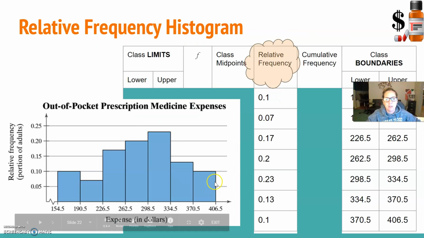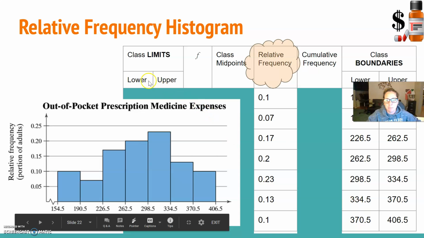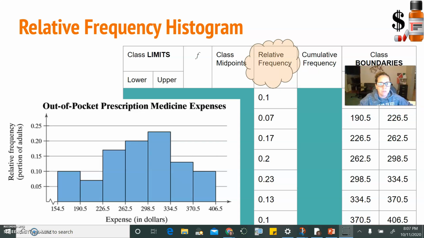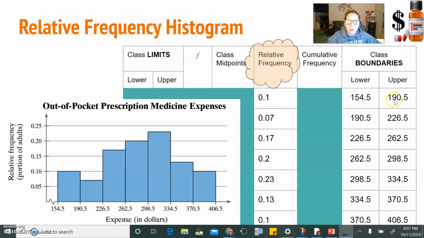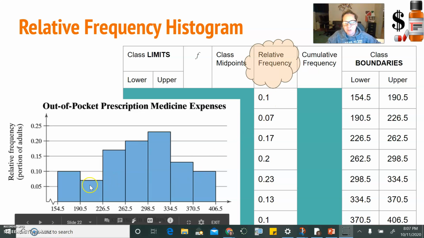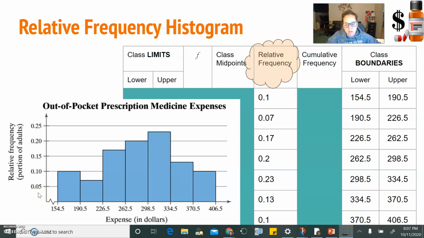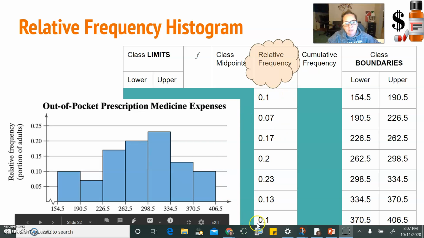So I put this chart back in here again, except I blocked out everything that we're not going to use this time. We're just going to use the class boundaries and the relative frequency, the percent of the whole that we're talking about. The graph doesn't look a ton different, except you'll notice on the left side, instead of saying 3, 6, 7, etc., it has percents or decimals that represent percents.